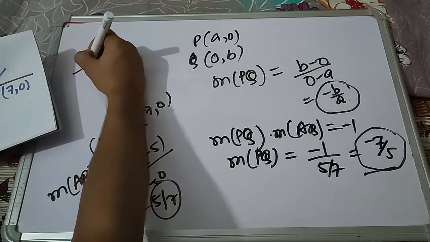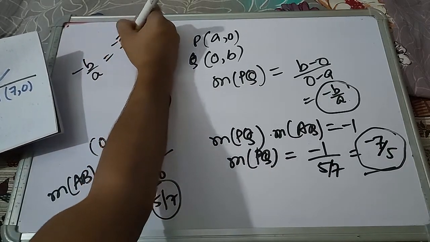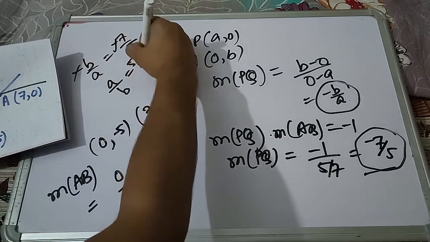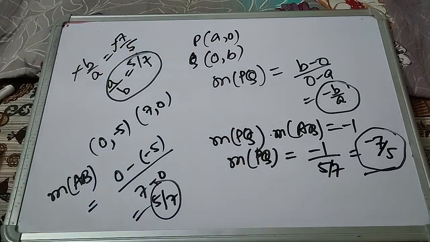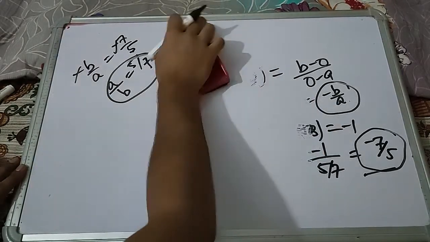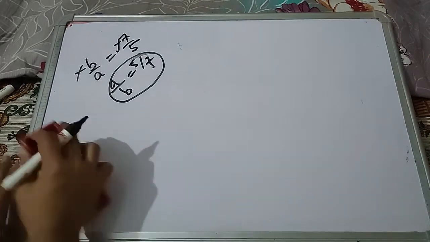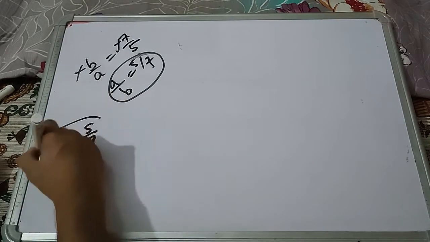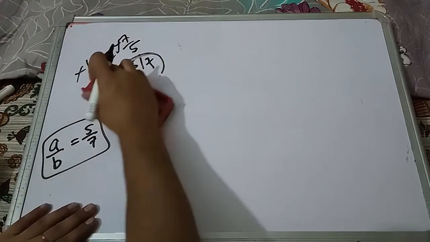Therefore, minus B by A equals minus 7 by 5. Minus minus cancel, so A by B equals 5 by 7. This is one important point that we need to keep in mind. We have got one relation between A and B.